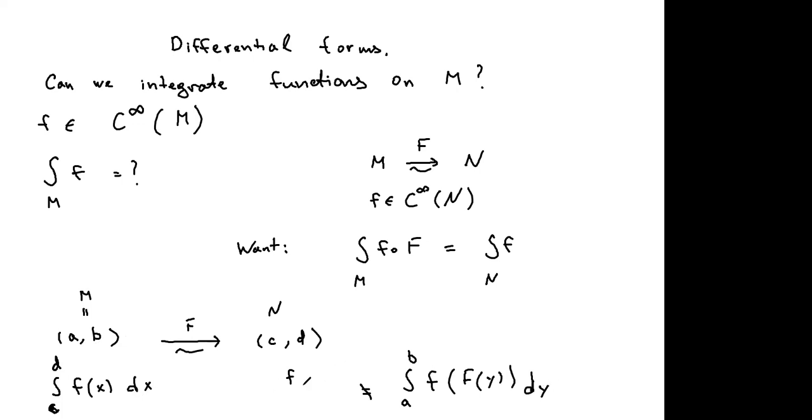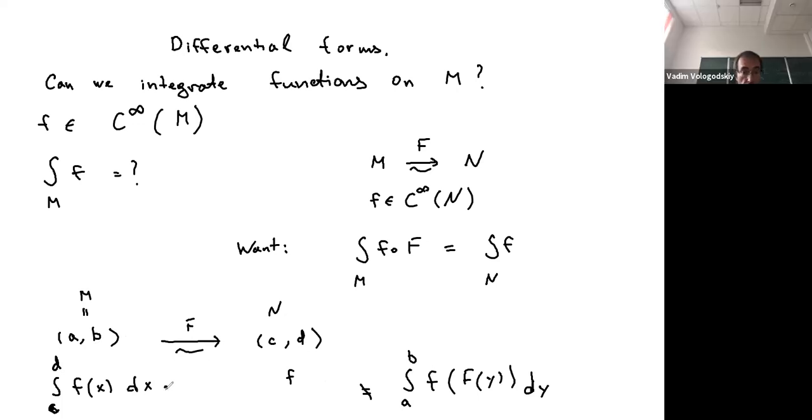This is not the case. Instead, what we have is that this integral is equal to the integral from a to b of f of y, and then we simply take F prime of y dy.